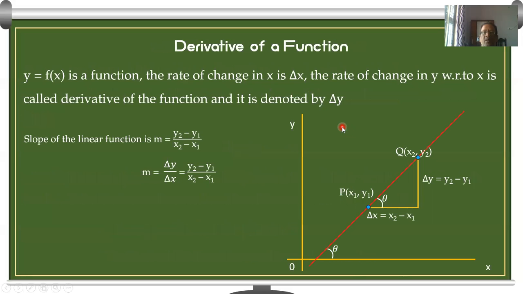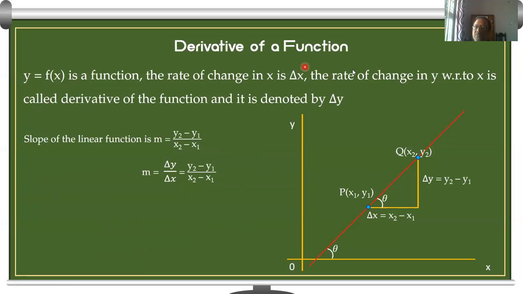Derivative of a function. Now we'll discuss the derivative. y equals f of x is a function. The rate of change in x: generally, if there is a small increment in x, it is called the change in x and it is denoted by delta x.